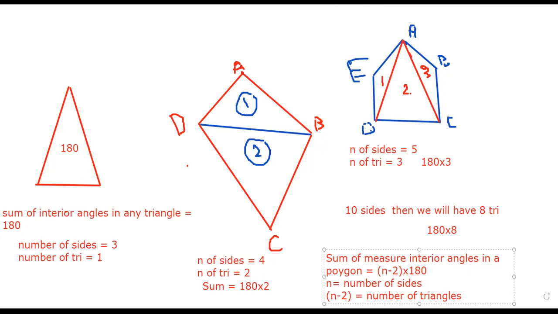Then if we want to calculate the sum of measures of angles in a nonagon, nonagon means how many sides? 9.